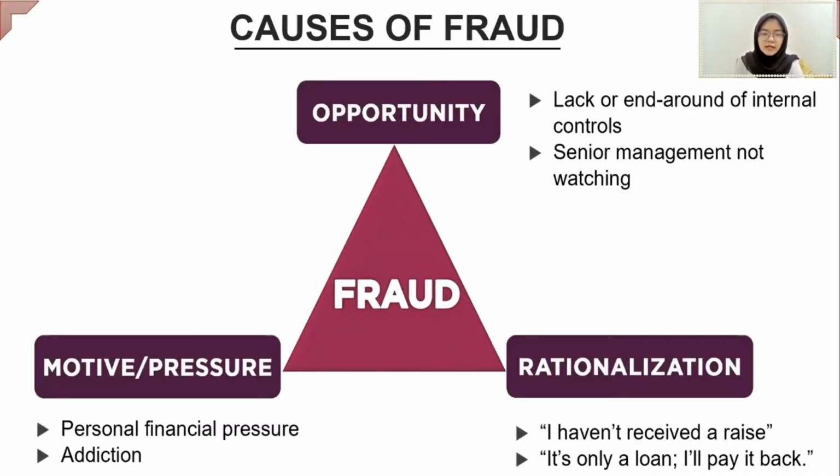Fraud in general can occur for a number of reasons, which are commonly referred to as the fraud triangle. The three reasons are the existence of pressure, the existence of opportunities, and the existence of rationalizations. First, pressure. Pressure is a situation where a person feels the need to commit fraud. This pressure, for example, is due to an employee's economic difficulties that encourage employees to commit fraud.